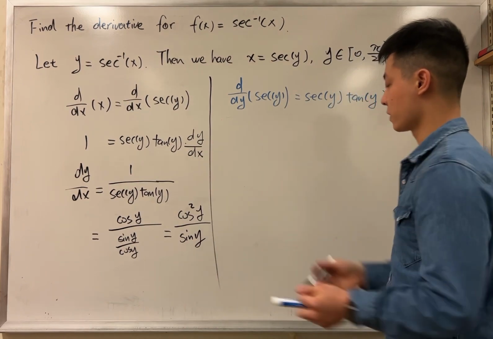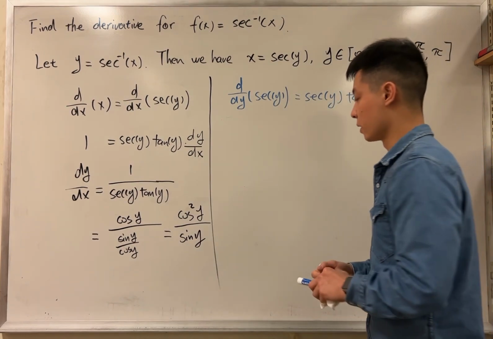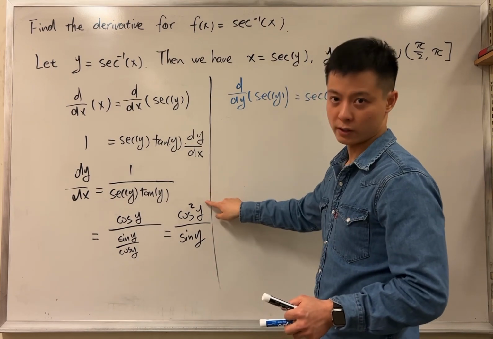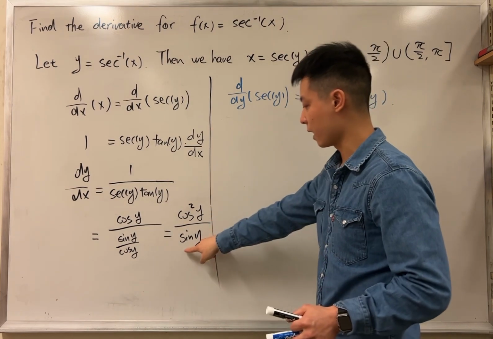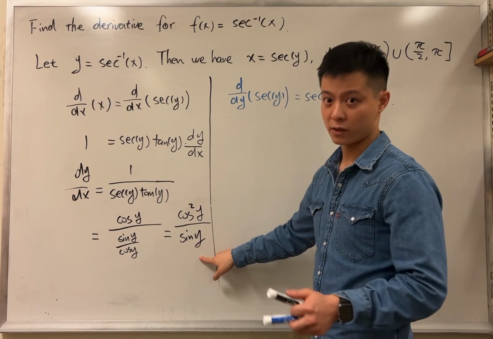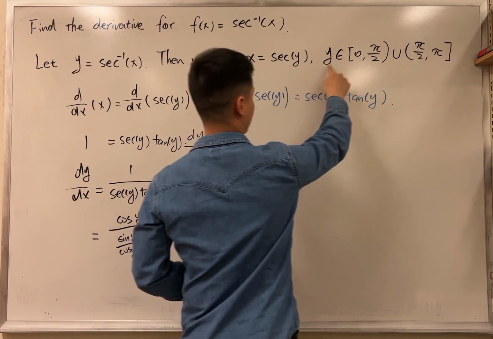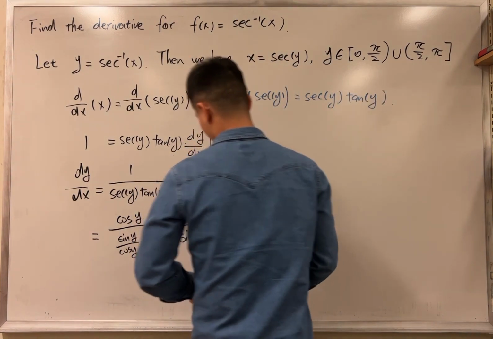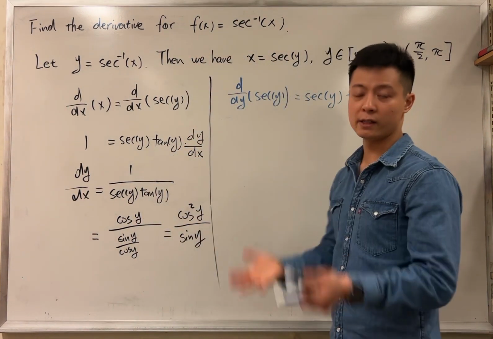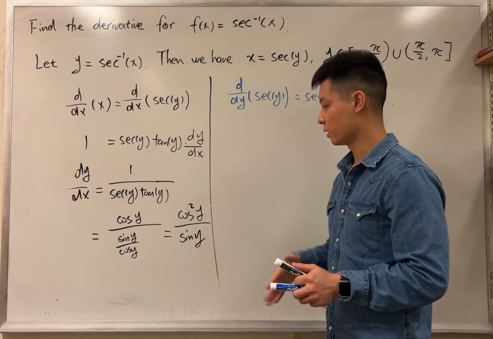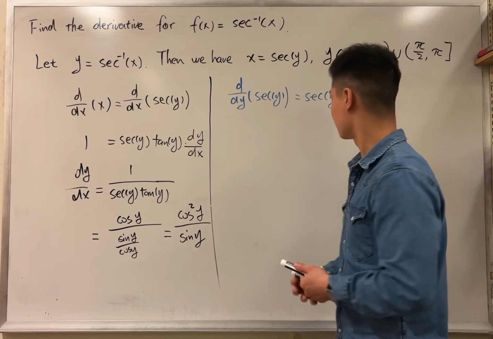The reason why I do so is because we can see directly from this expression that cos squared is greater than 0, and sine of y is also greater than 0, provided that we know y is in this range. So we can deal with this very easily without having to discuss two separate cases with those annoying signs.